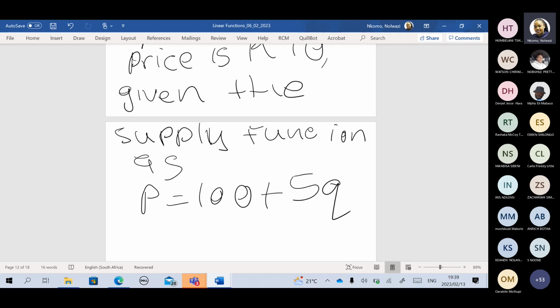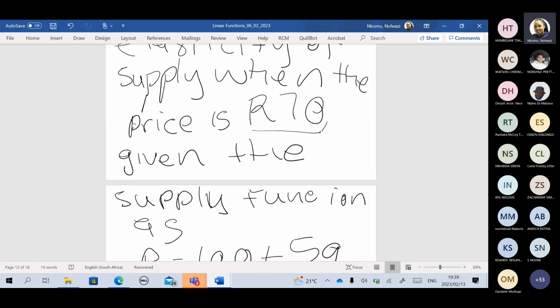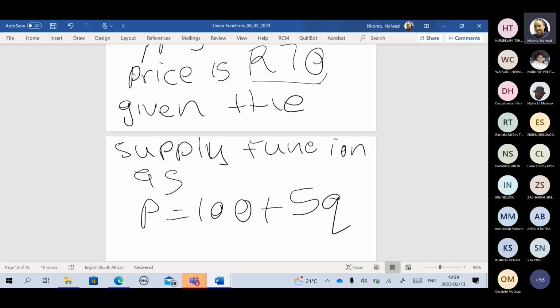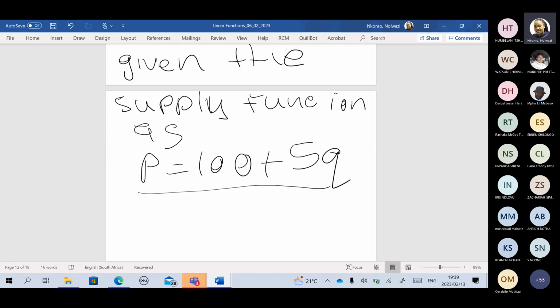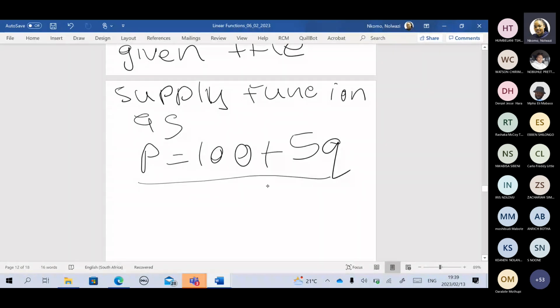Again, you will first calculate the price elasticity of supply. To get the price elasticity of supply, remember you need B, you need Q, you need P, and we have P as 70. So you can just use that 70 and this equation to find Q. But in this case, the first thing you need to do is to make Q the subject of the formula.